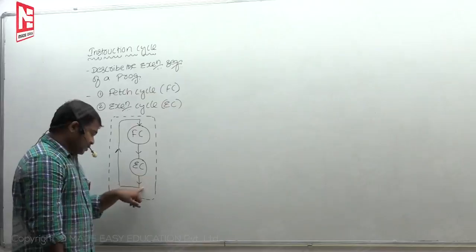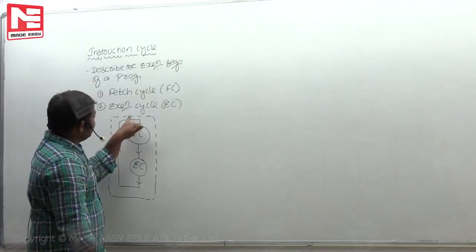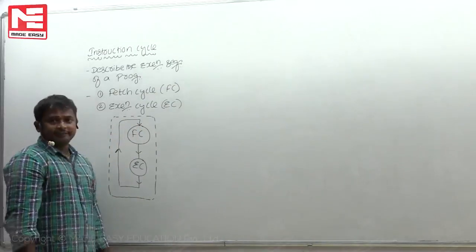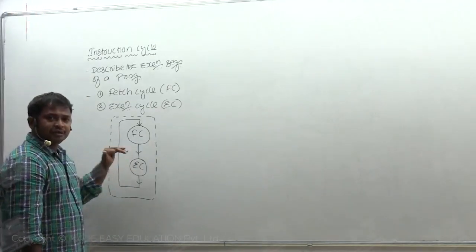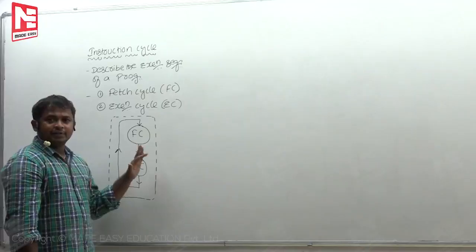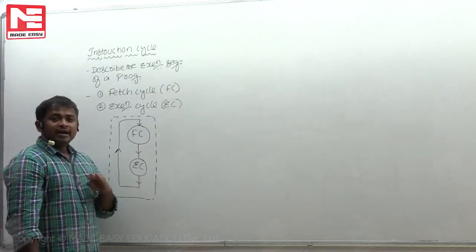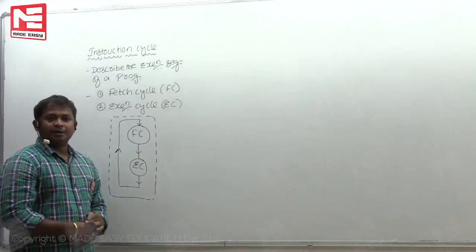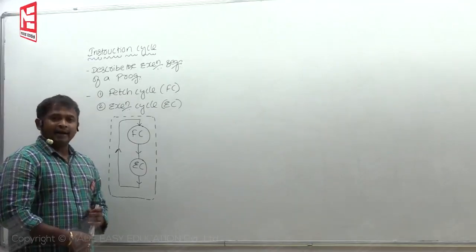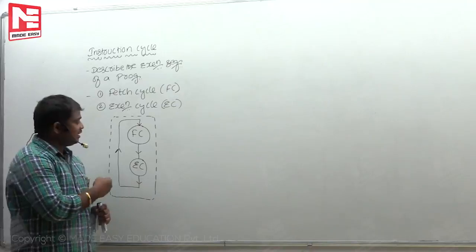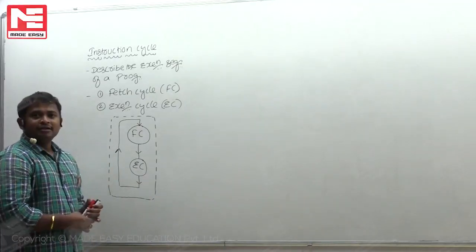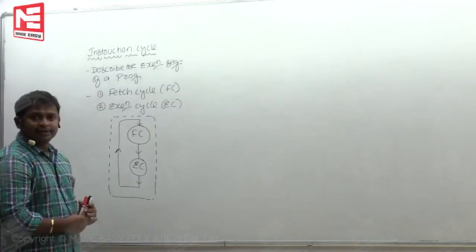After completion of the execution cycle, control moves back to the fetch cycle. So this becomes an infinite loop: fetching, executing, fetching, executing, until the end point of the program is encountered. How the system shows the program ending, we will see after some time. First let us start the program execution.